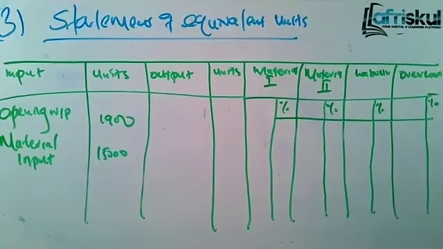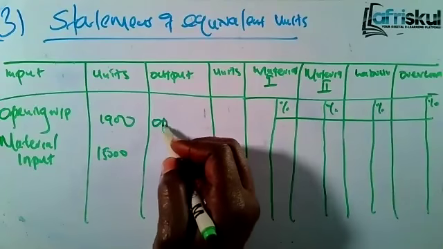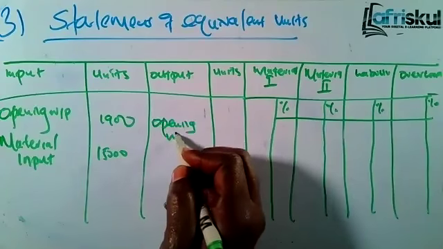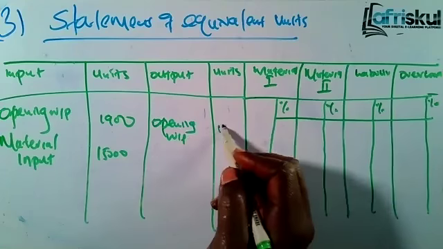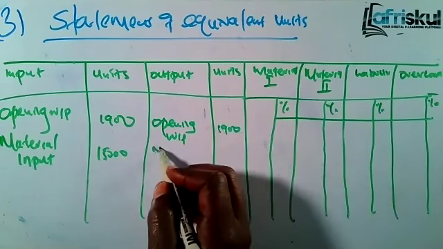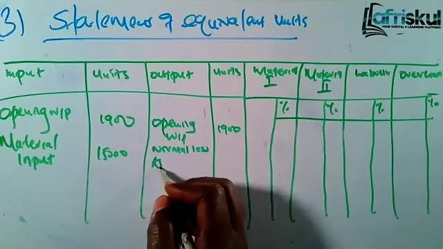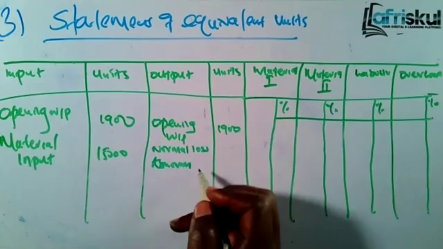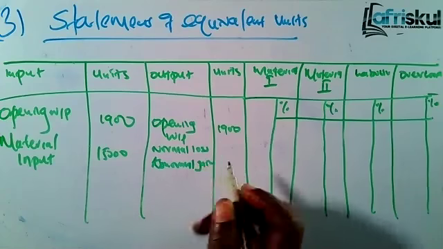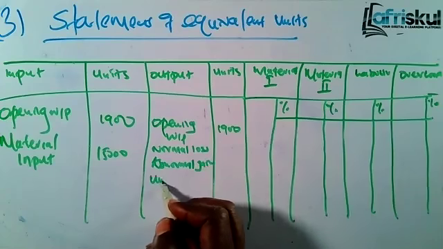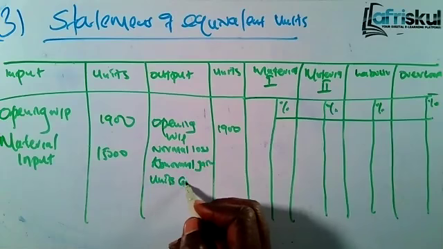We said when you're using FIFO method, opening WIP is part of output. So you start with that one, opening WIP, which is 1,900. Then we have normal loss, we have abnormal gain, and then we have units completed.